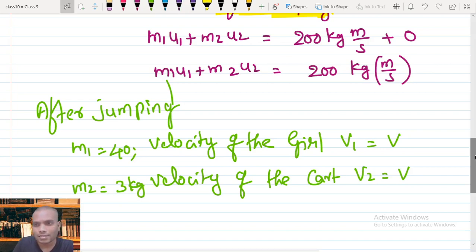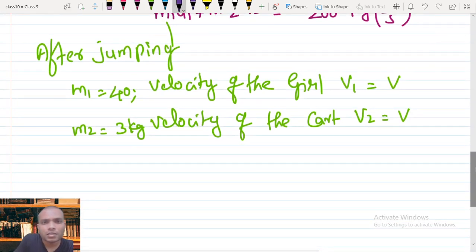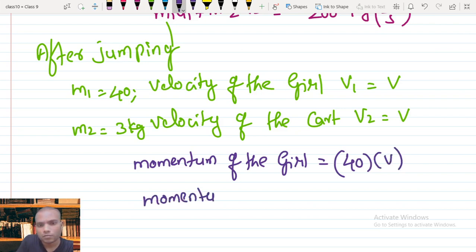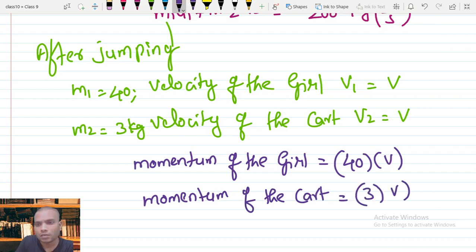Now let's write the momentum of the girl after jumping. Momentum of the girl is equal to 40 times v, and momentum of the cart is also equal to 3 times v.